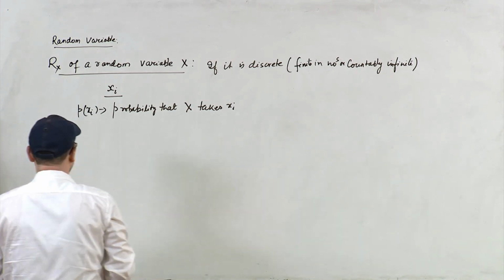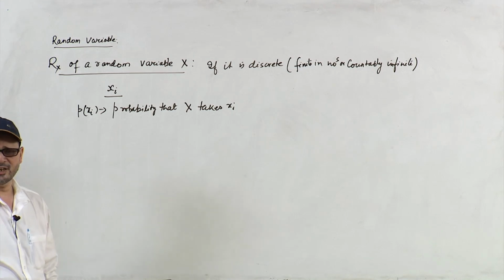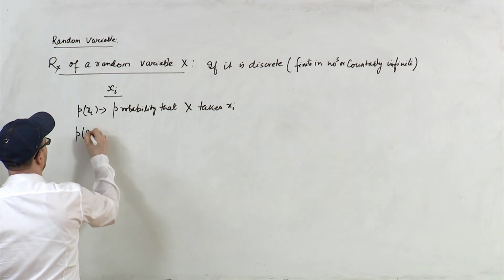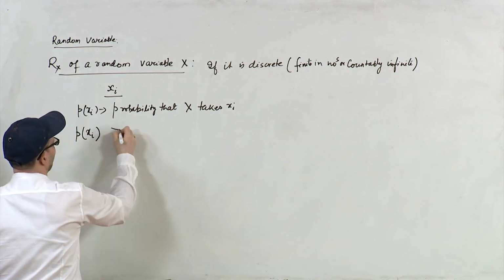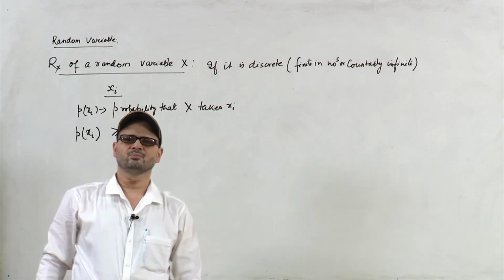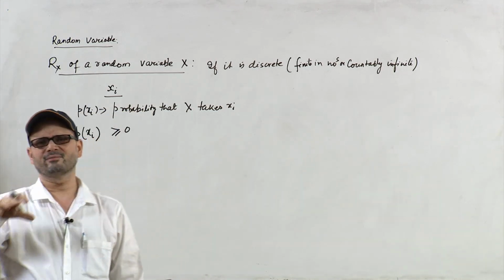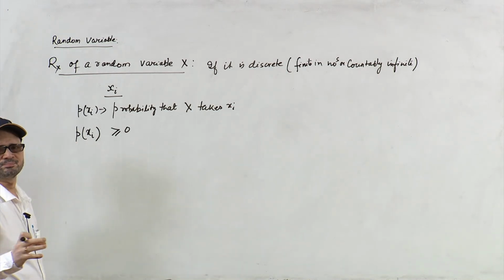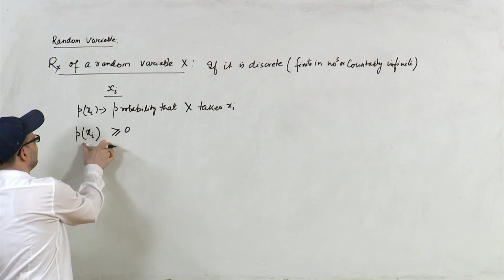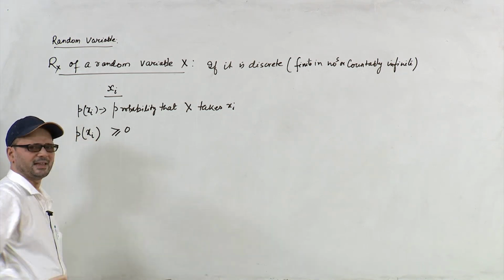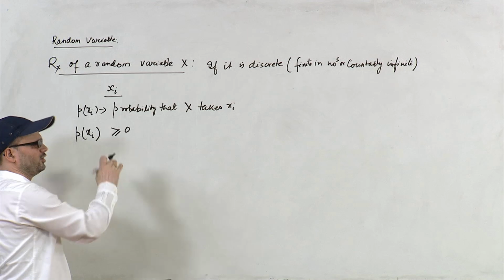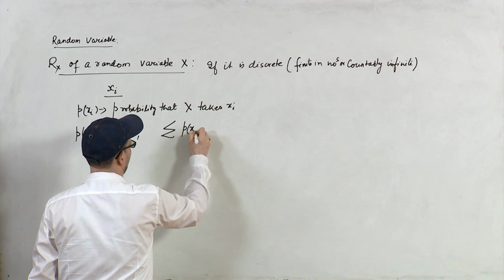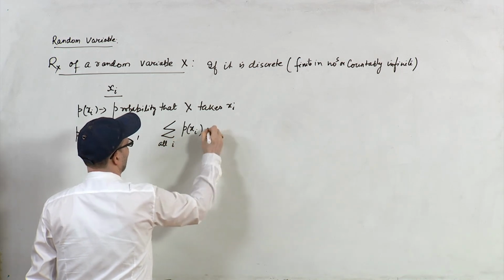Now, there are certain properties. p(xi) will be greater than or equal to 0. In the case of discrete random variables, the probability of the individual outcomes has to be either 0 or more than 0, and the summation of p(xi) for all i has to be 1.